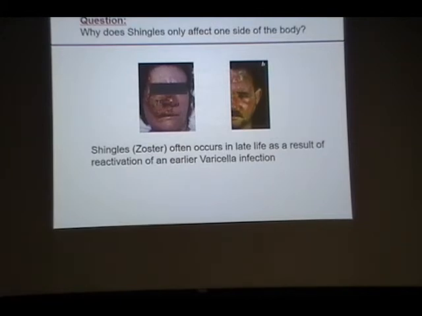When the virus on your left side or on your right side reactivates, it will traverse through the sensory nerve to one side of your body. And that's why you have effects on one side of your body. That's the difference between shingles and chickenpox.